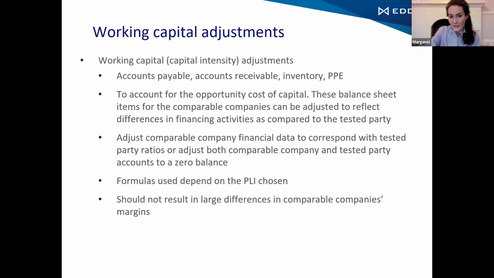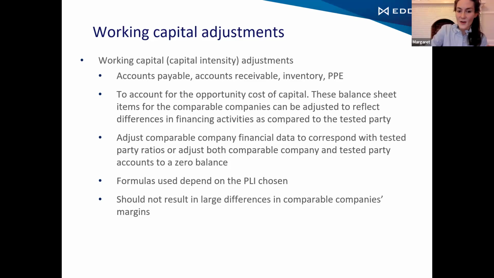And the working capital adjustments are also called capital intensity adjustments or balance sheet adjustments because the items being adjusted are on the balance sheet initially. It's usually accounts payable, accounts receivable, and inventory, and sometimes PP&E is included.